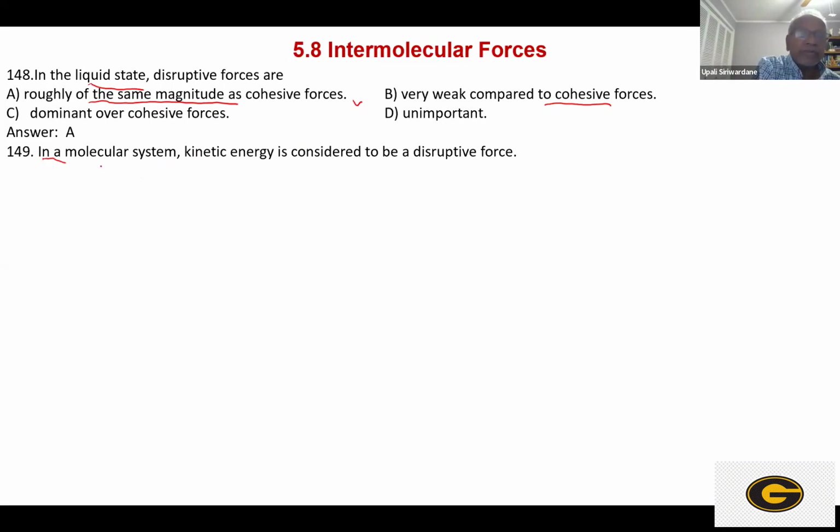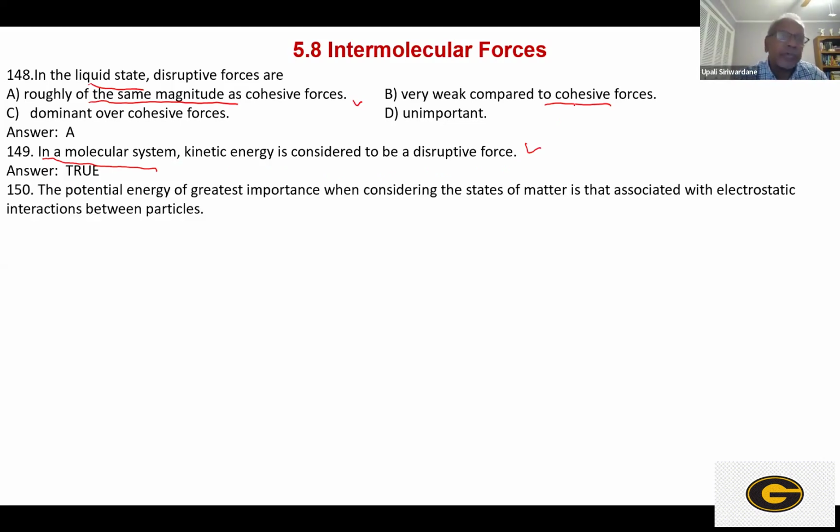In a molecular system, that's a statement. That's true. Kinetic energy is disruptive. The potential energy, which is the attractive force between two particles of matter, is electrostatic.